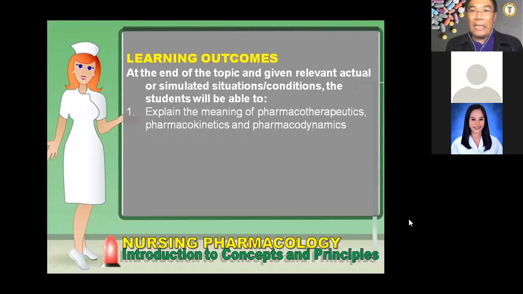Third, intravenous. Intra meaning inside the blood vessel, specifically the vein. Which of the three specifically can be expected with higher chances of effect of the drug? Letter A, intravenous po. IV. Intravenous po. Intravenous, IV.